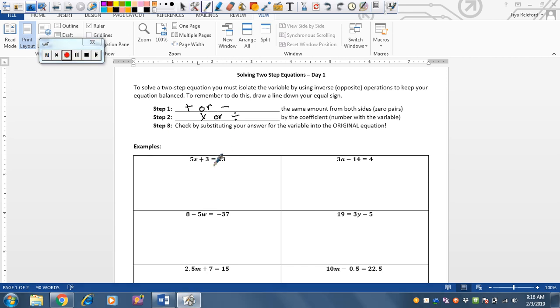All right, example number 1, we're going to draw a line down the middle of our equation. And step 1 is to add or subtract. So if we look, we need x on one side all by himself. So we need to move number 5 and number 3. Which one is being added or subtracted? 3. And is it right now being added or subtracted? It's being added, so we are going to subtract.